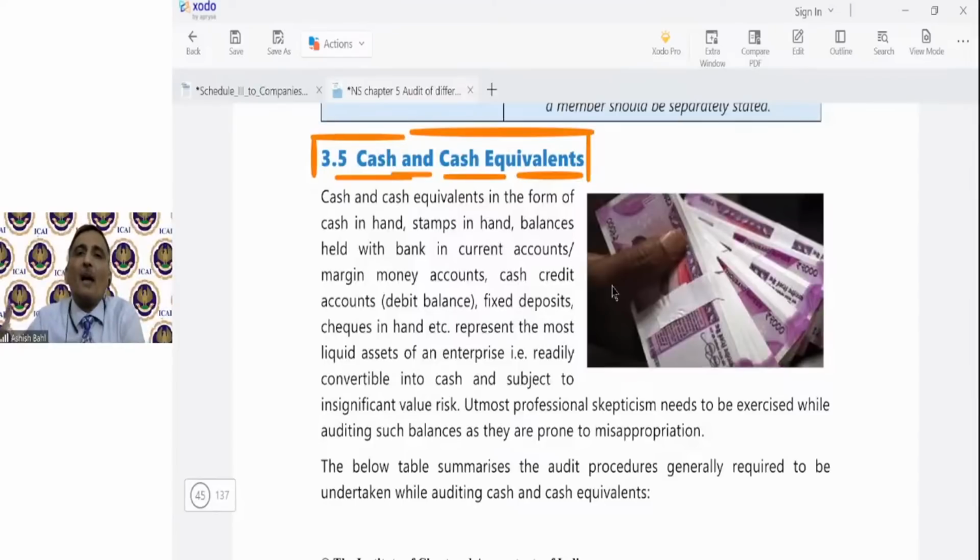If I am having some balance in bank, it is liquid money, I can withdraw it anytime. That is why it is grouped together under this head, cash and cash equivalents. Okay.